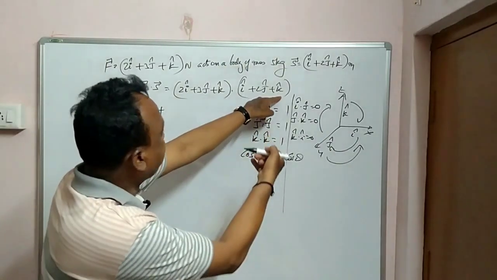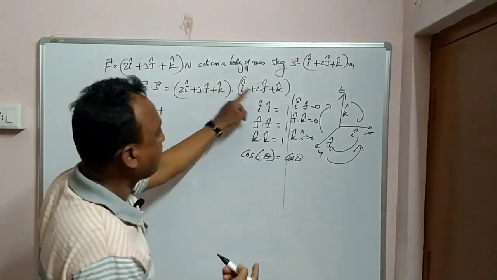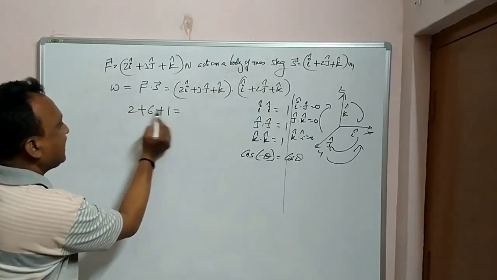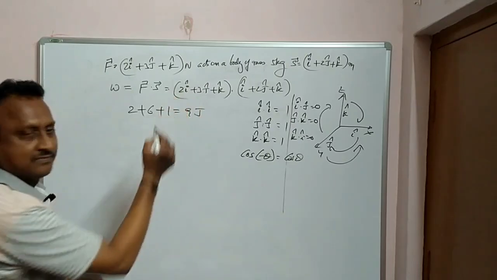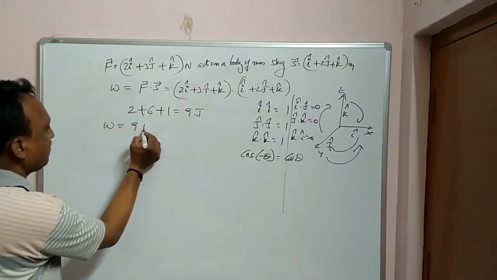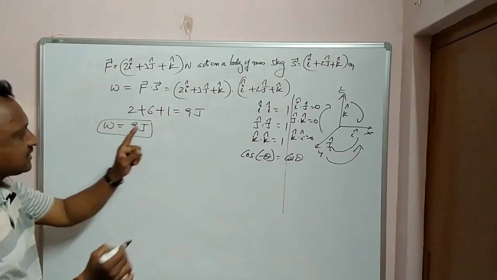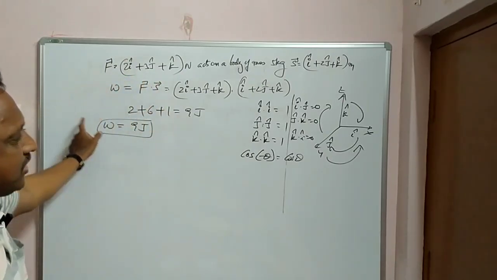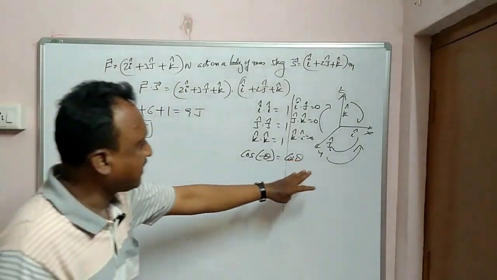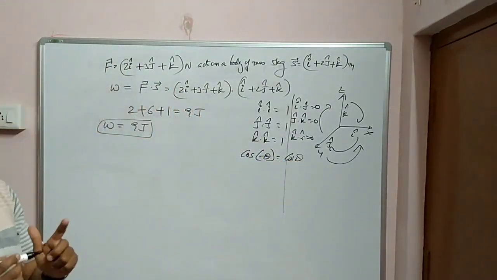Again j dot k, 0. k dot i, 0. k dot j, 0. k dot k, 1. 1 into 1, 1. So what was the value? 2 plus 6 plus 1, that is 9 joules. So the work done by the force is equal to 9 joules. This is how we solve using the dot product of two vectors. So the properties are completed and the numerical is also over. Please note down.